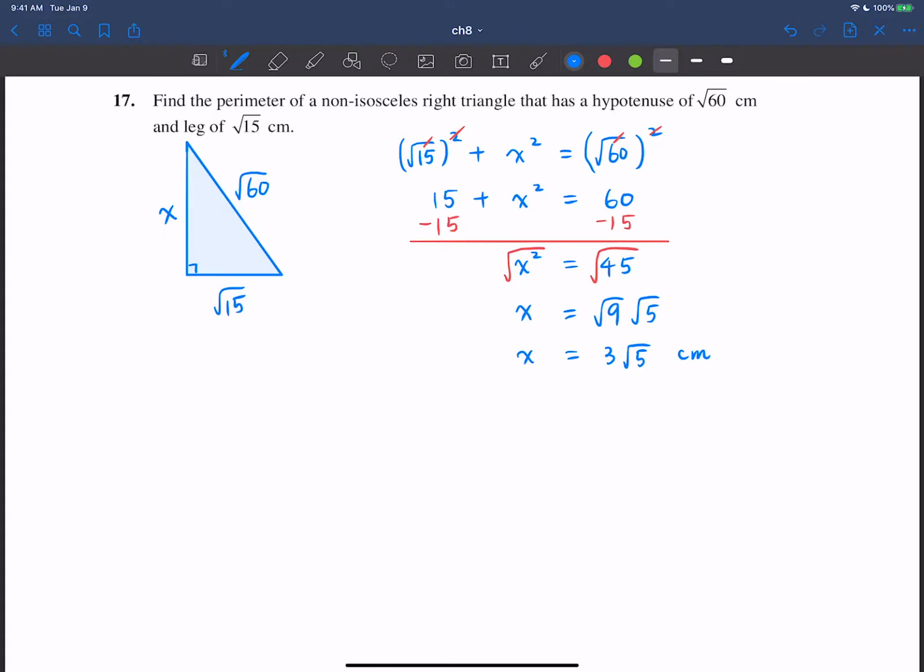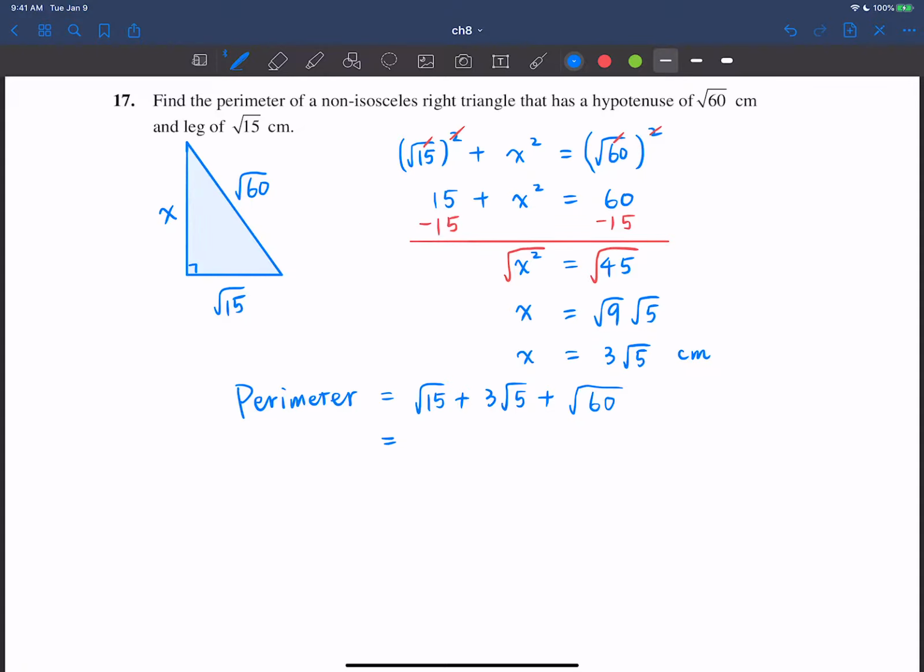To find out the perimeter, we simply add all of them. So you have radical 15 plus x, which is 3 radical 5, and plus the hypotenuse, which is radical 60.